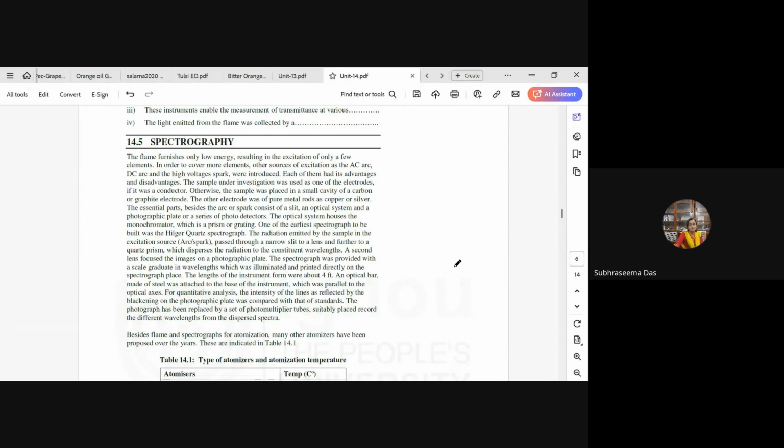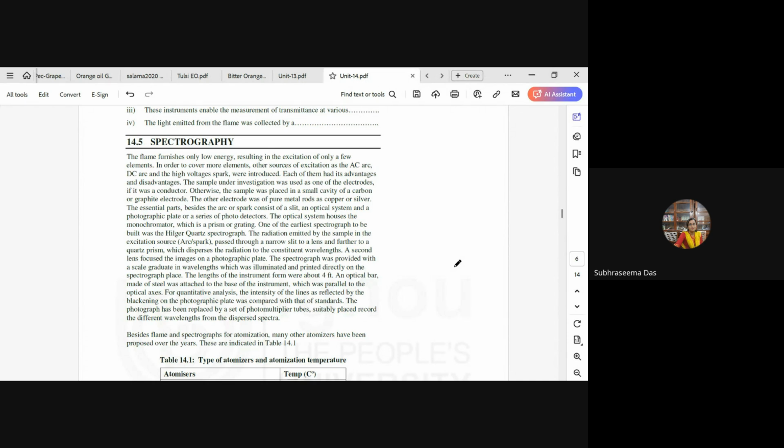The sample under investigation was used as one of the electrodes. Otherwise, the sample was placed in a small cavity of a carbon or graphite electrode. The other electrode was of pure metal such as silver or copper. Then the optical system houses the monochromator. The earliest spectrograph that was built was the Hilger quartz spectrograph.